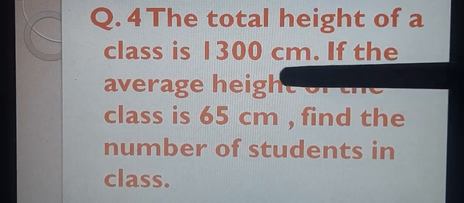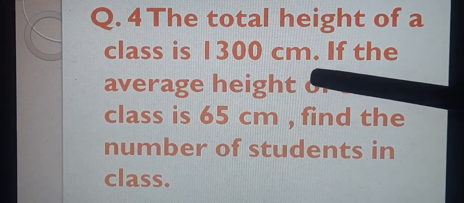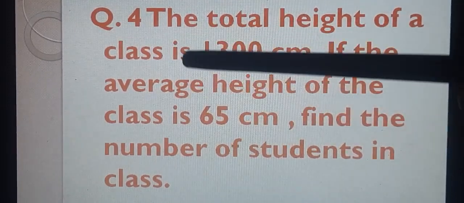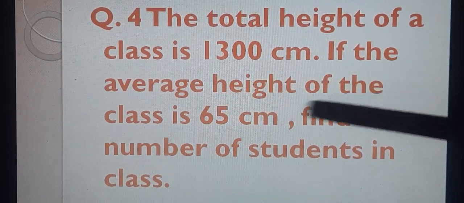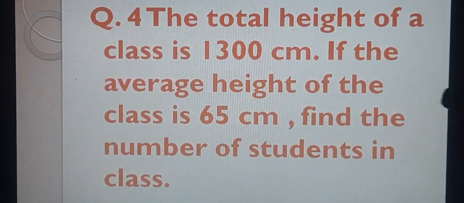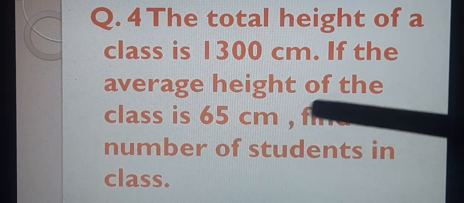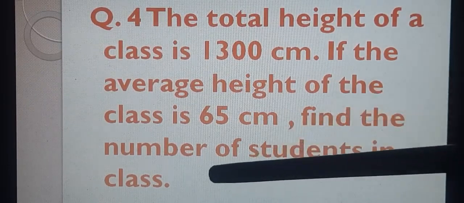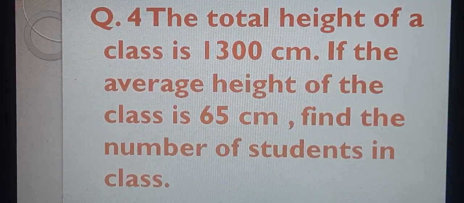Now say beta, in this question it is given the total height of a class is 1300 centimeter. एक क्लास के स्टूडेंट्स की टोटल हाइट गिवन है 1300 सेंटीमीटर. इफ द एवरेज हाइट ऑफ द क्लास इज 65 सेंटीमीटर, अगर एवरेज हाइट 65 सेंटीमीटर है, फाइंड द नंबर ऑफ स्टूडेंट्स इन द क्लास. हमें बताना है कि कितने स्टूडेंट्स क्लास में थे जिनकी ये हाइट मेजर करके एवरेज निकाला गया, राइट.